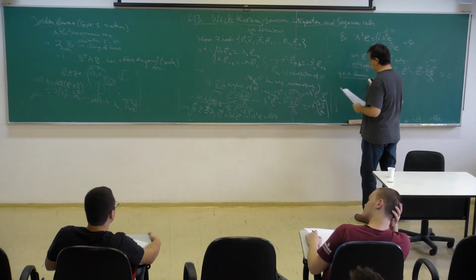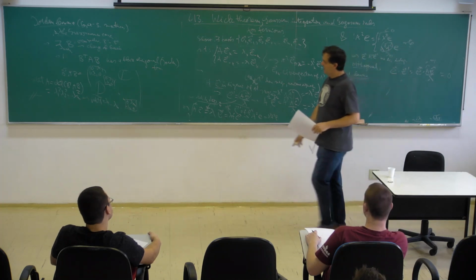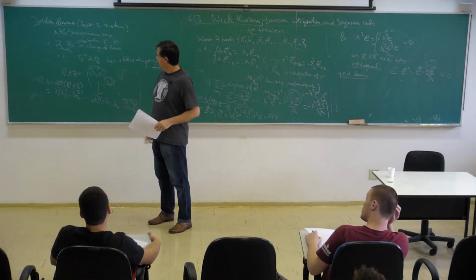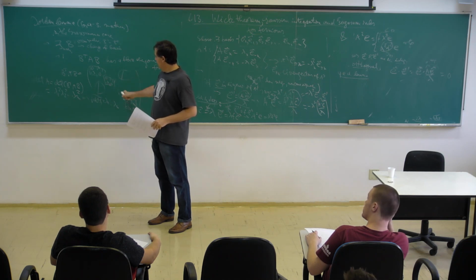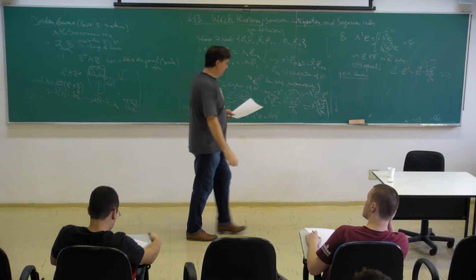All right, and then, as I said, once we've proven the lemma, we've basically reduced the calculation of the path integral for A to the calculation of the path integral for this case, which we already did.